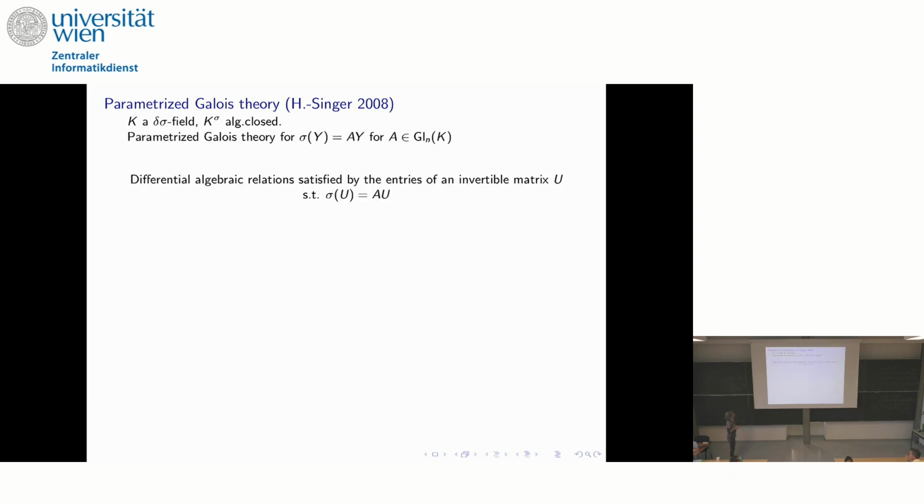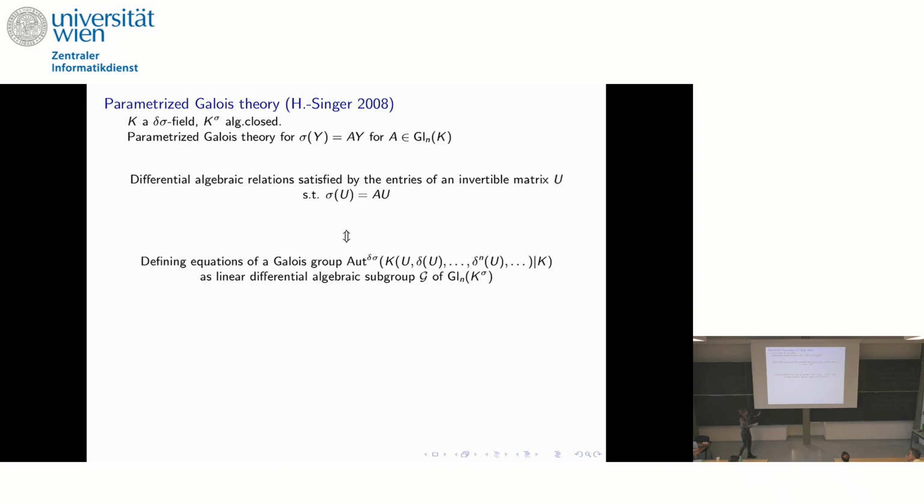So we are fixing a field with an automorphism and a derivation. And the parameterized Galois theory we built with Michael works as follows. You code the differential algebraic relations among the solutions into the defining equations of a Galois group. Here I am cheating a lot, but you can see it as the automorphisms of this huge field extension where you have plugged in the solutions and all their derivatives, that commute with the derivation and with the difference operator.